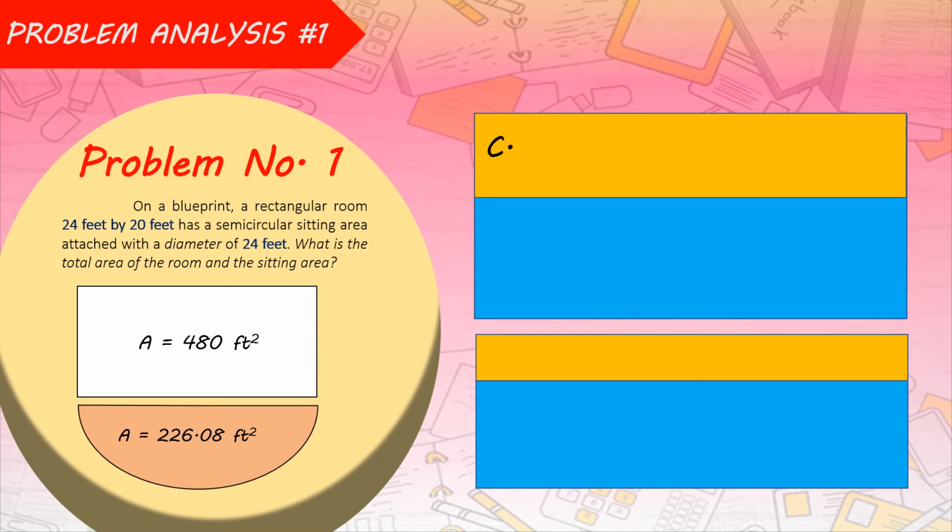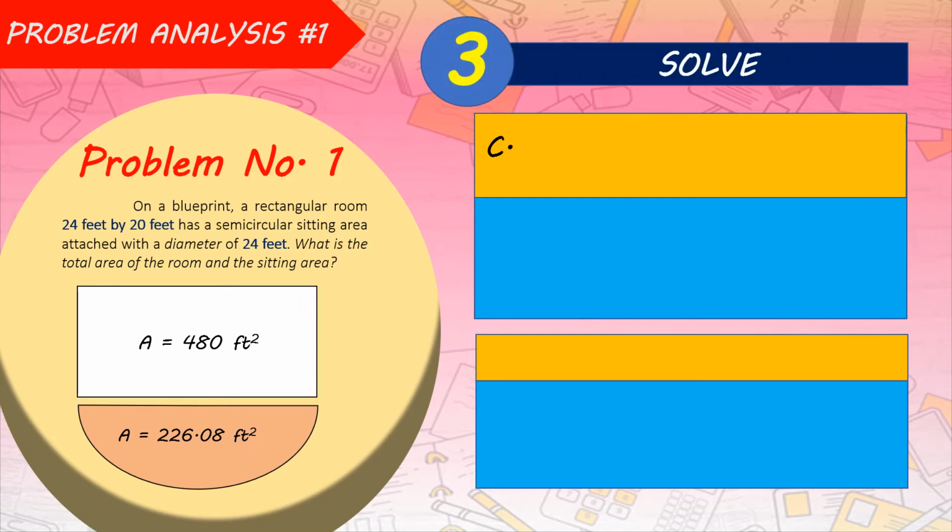Now we have the area of the rectangular room, which is 480 square feet, and the area of the semicircular seating area, which is 226.08 square feet. Now we are going to solve for the area of the composite figure. To get this area, we are just going to add the area of the rectangle and the area of the semicircle.